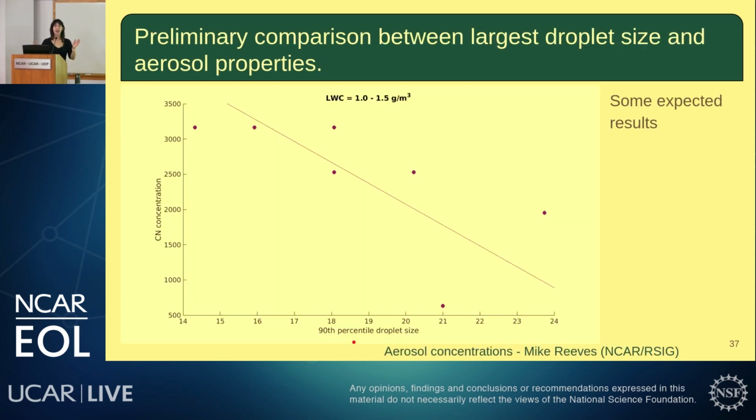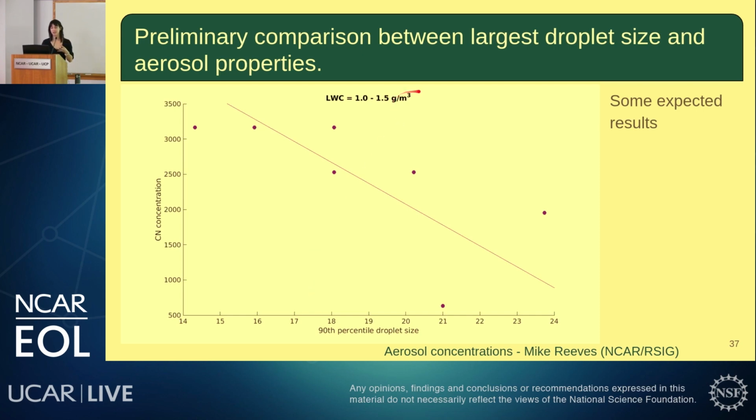Okay, so now we have, for each cloud pass, what size were the largest droplets as defined by the 90th percentile. And we have aerosol information below the cloud, so I wanted to start making some preliminary comparisons for these 90th percentile sizes and other properties of the cloud.